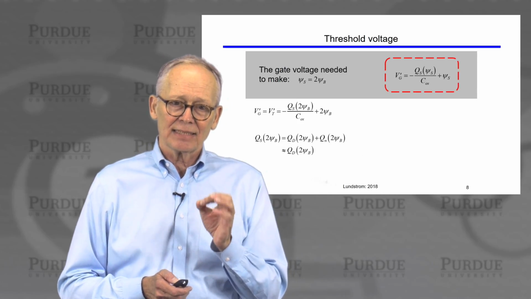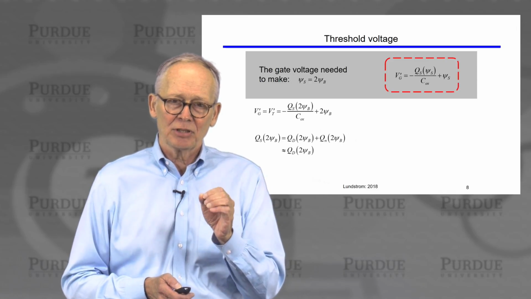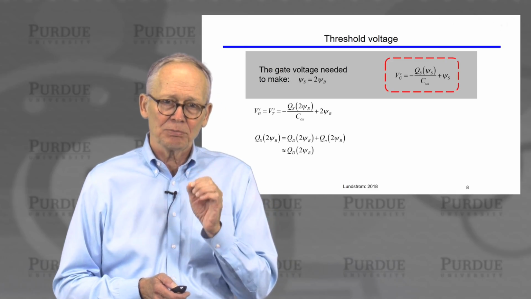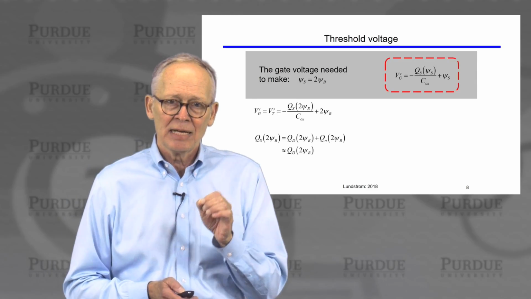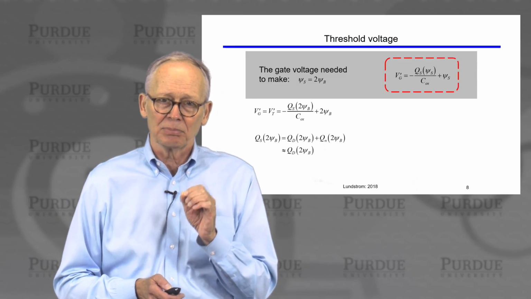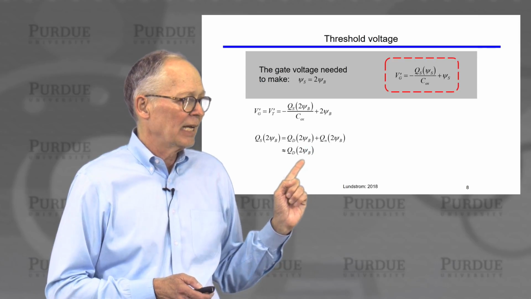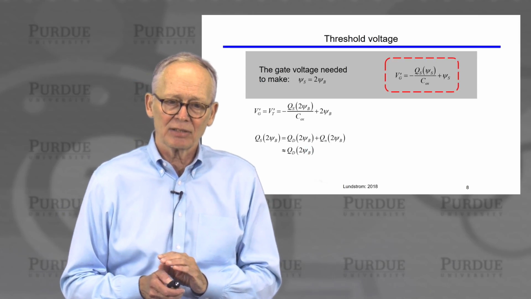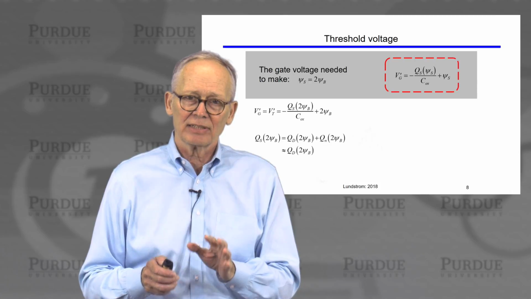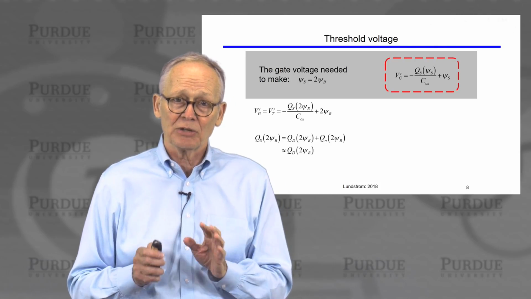We don't yet have a formula to compute that, but we'll get one later on. Now, at the onset of inversion, the assumption is that we are just beginning to form an inversion layer. Most of the charge is still in the depletion layer. So we can ignore the mobile charge here, and we can say that the charge in the semiconductor is almost entirely the depletion charge, which we know how to compute.